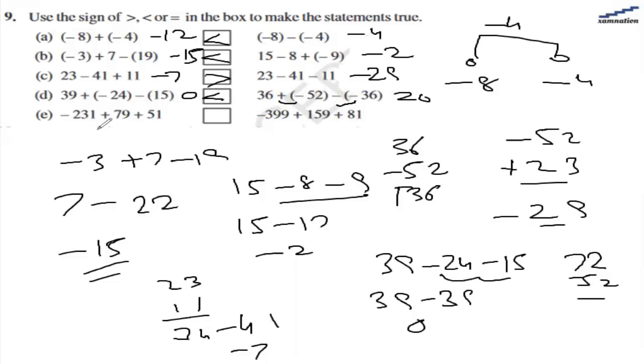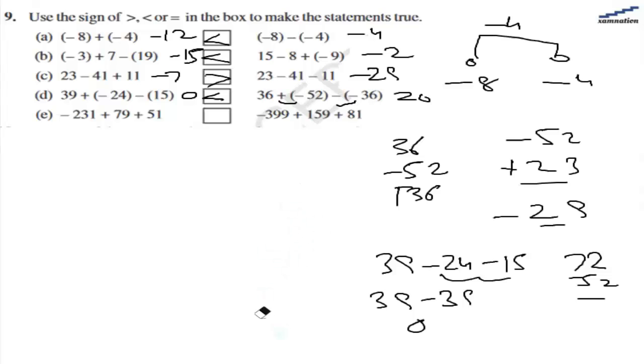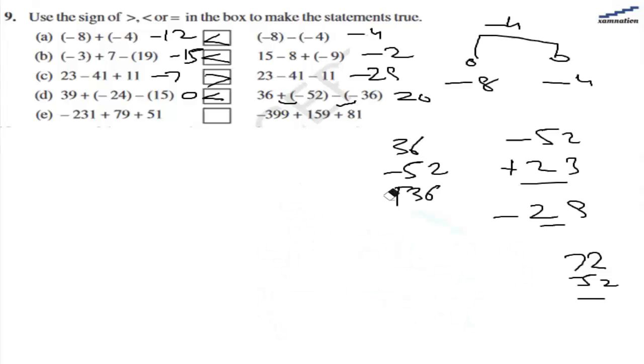So the last part is, let me erase some of these. All right. So the last part is we have negative of 231 and the positive of 1751.